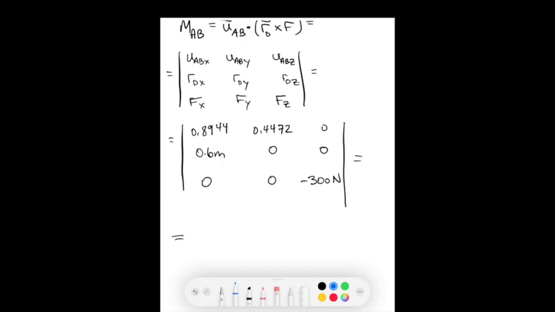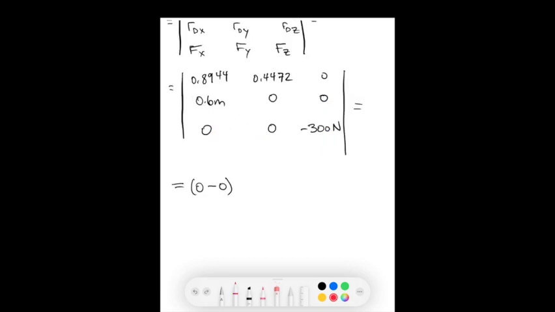So, first, start with our first column. And we see the answer is 0. 0 times 0. So 0 minus 0, because we have 0 here and a 0 there. And now we want to do the next, the y component.